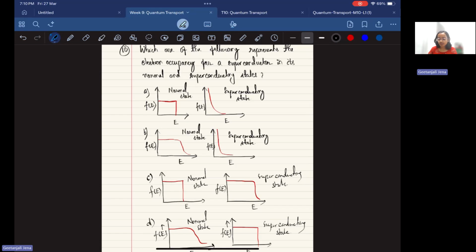How is the charge transport in the normal state different from the superconducting state? Once you find that out, it's quite easy to see which of the following graphs correctly shows the electron occupancy as a function of energy. So I will give you, let's say, 1 minute, and I will solve the question after.